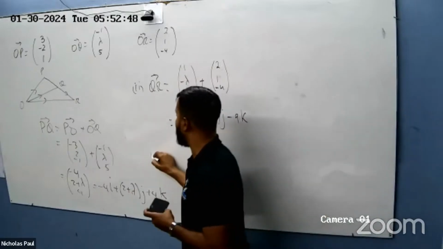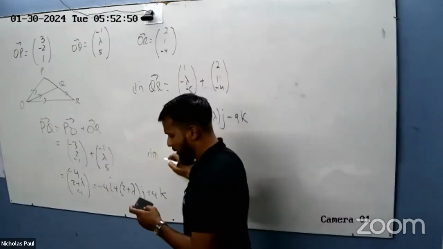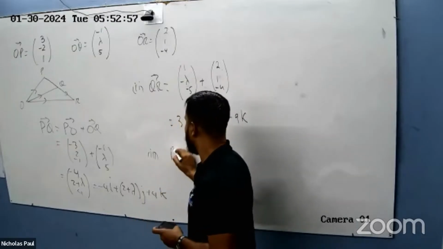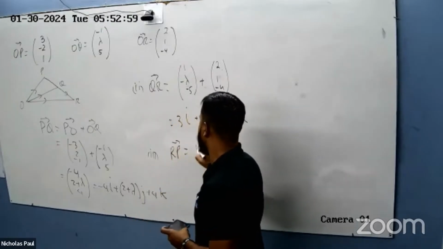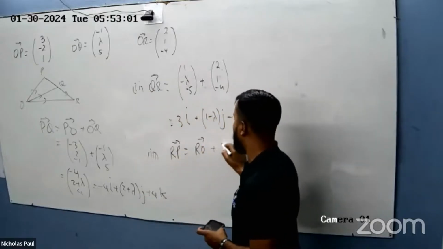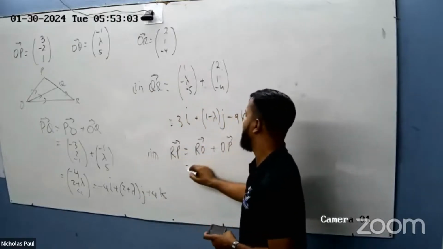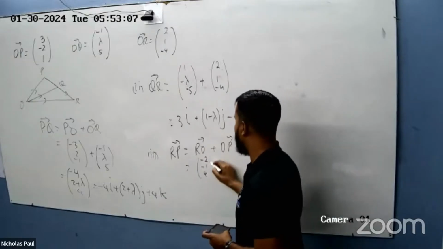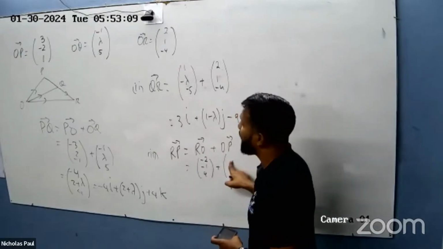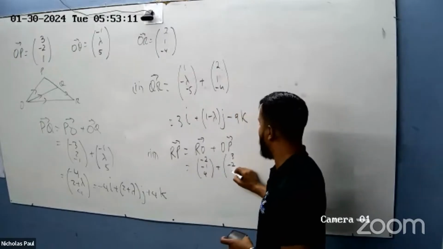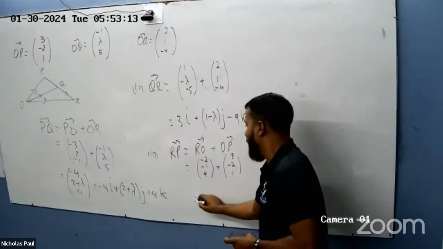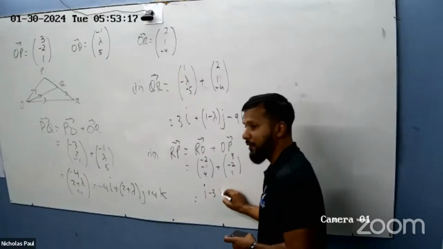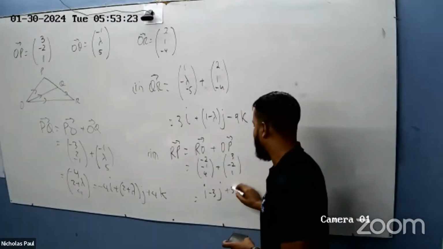And then the last one is what? The last one was RP. So that'll be R to O plus O to P. R to O would have been minus 2, minus 1, 4. OP would have been 3, minus 2, 1. When you add it up, you'll get i minus 3j plus 5k.